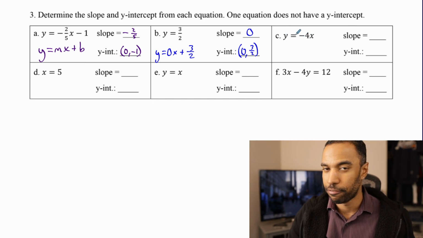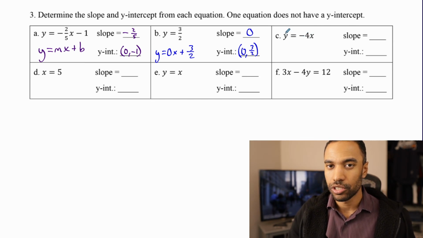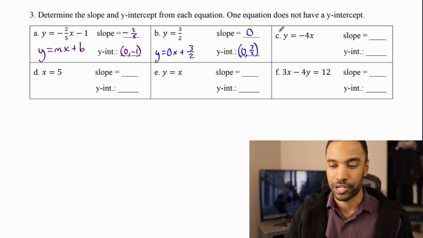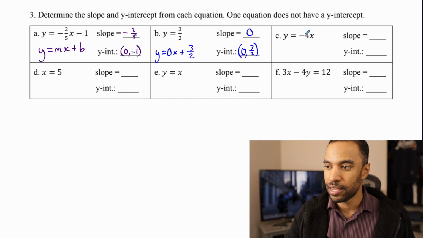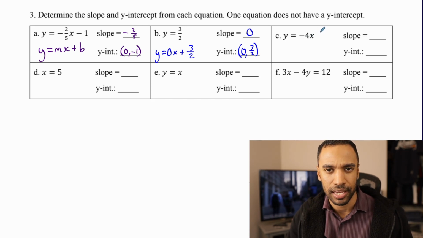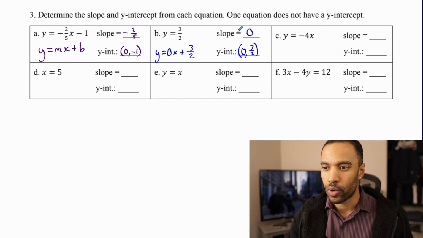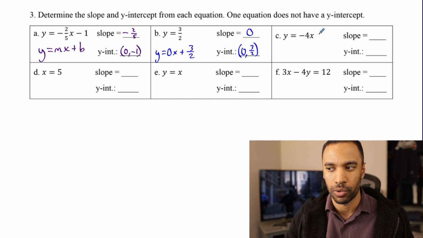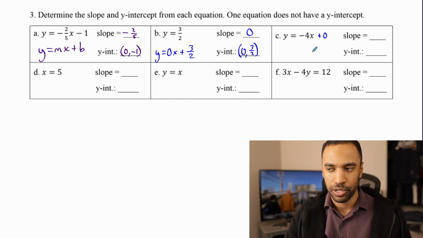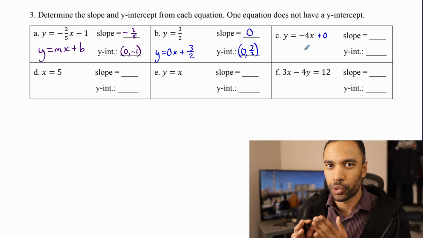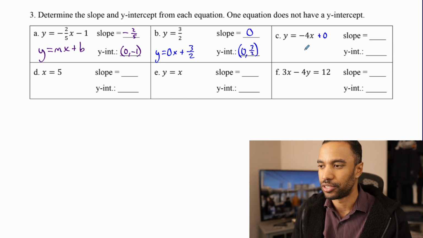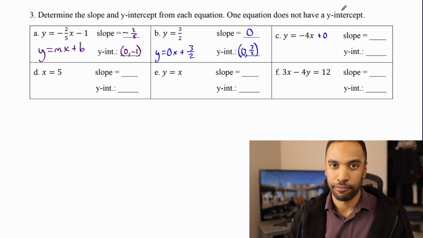Y equals negative 4x. Is it in slope-intercept form? You betcha. Y equals mx plus b. Here's my m and my x, and my plus b seems to be missing, but just like the last one, it's missing because it's a 0. If I do plus 0 right here, that reveals the true nature of my y-intercept. You see, my slope is negative 4.